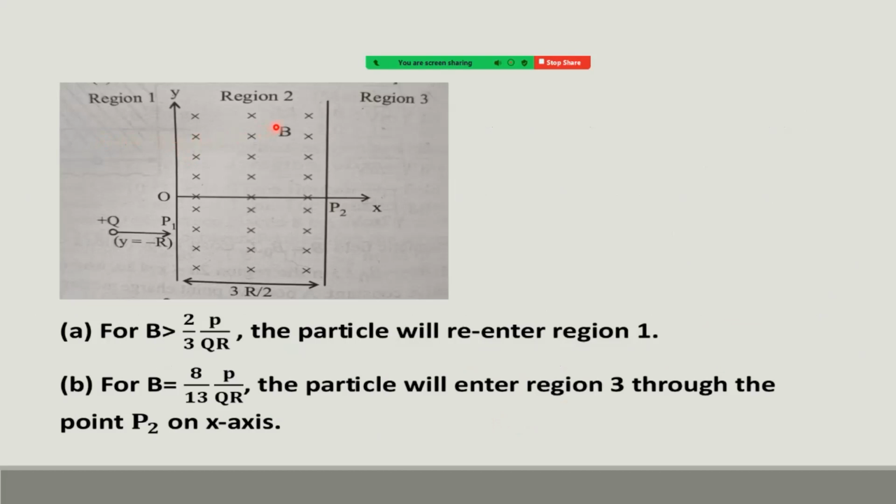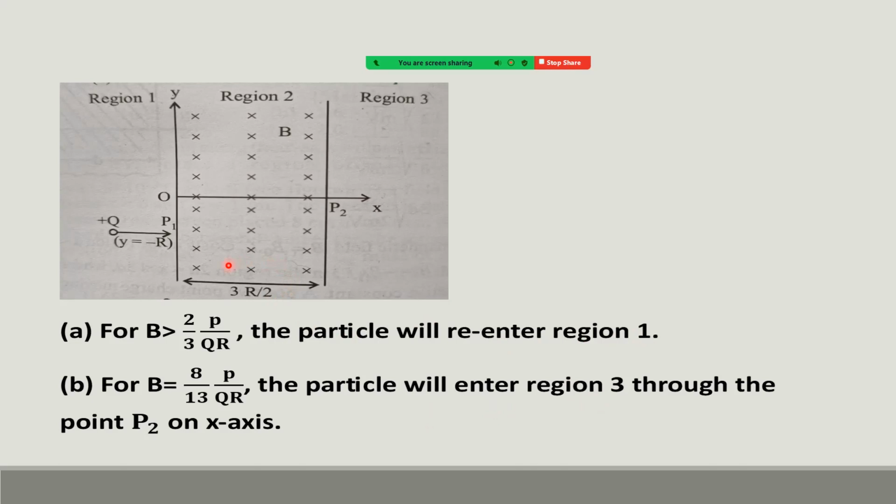See the diagram: region 1, region 2, region 3. In fact, almost the same kind of question we have discussed earlier in the last lecture. And we can see the options. Will the particle re-enter region 1, or will it enter region 3? Already we have discussed these kinds of questions.